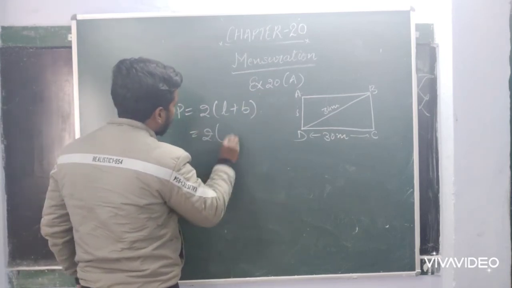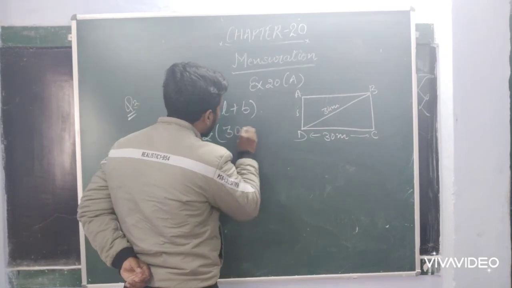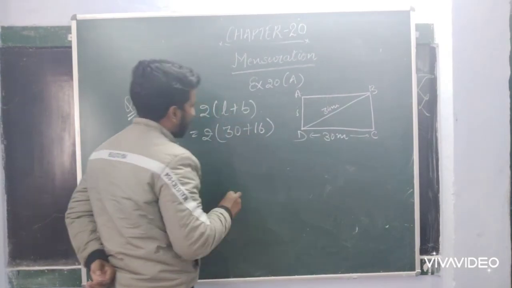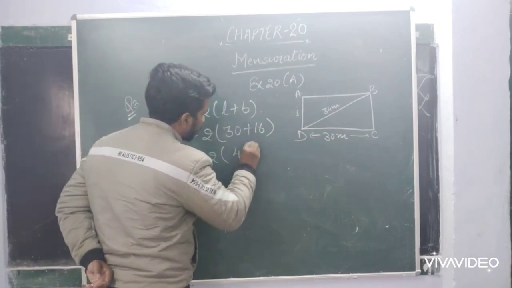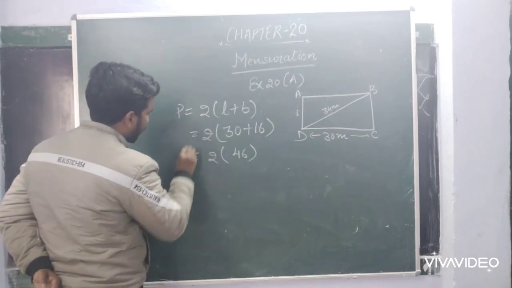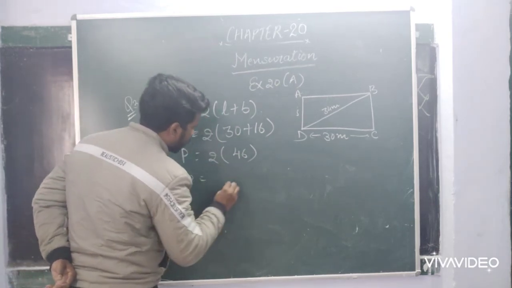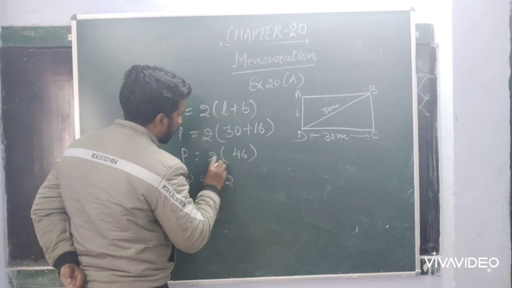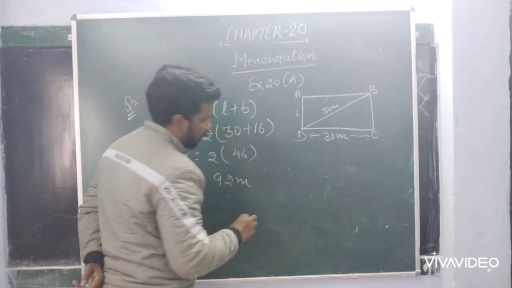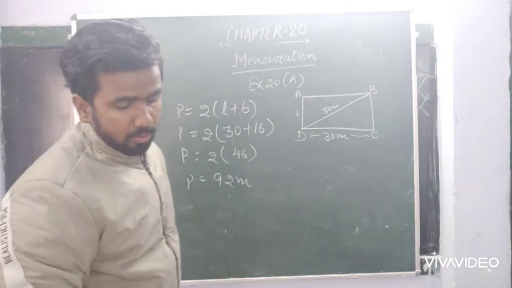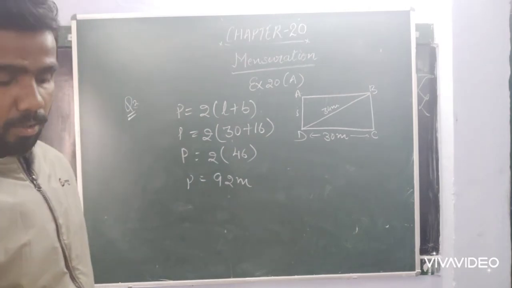So 2 times (30 plus 16), so this will be 46. Now just 6 2s are 12, 1 carry, 2 4s are 8, and 92 meters. Clear? So this is your answer. Take a look.